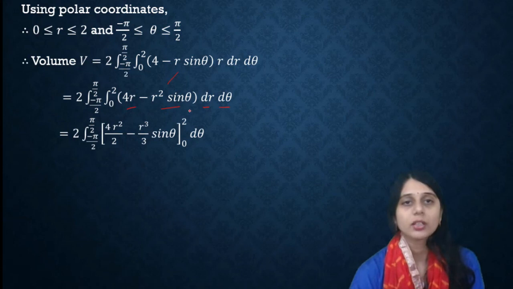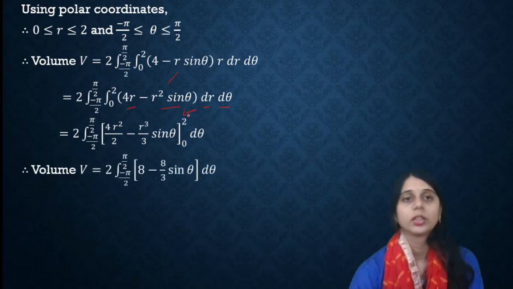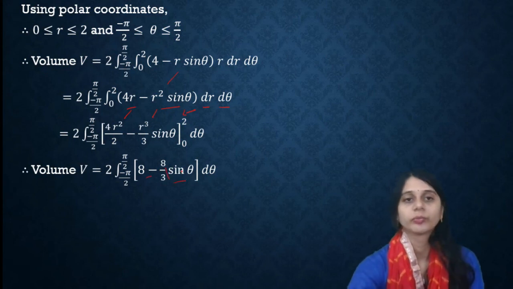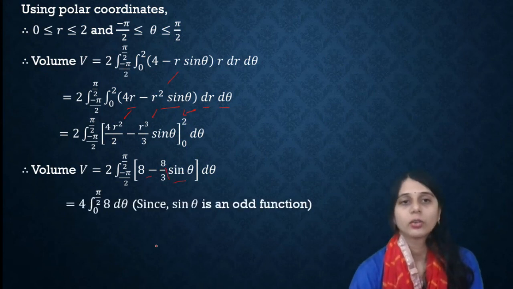Now we integrate with respect to r. So it is 4r square by 2 minus r cube by 3. Putting the values of 2 and 0, we get 8 minus 8 by 3 sin theta.